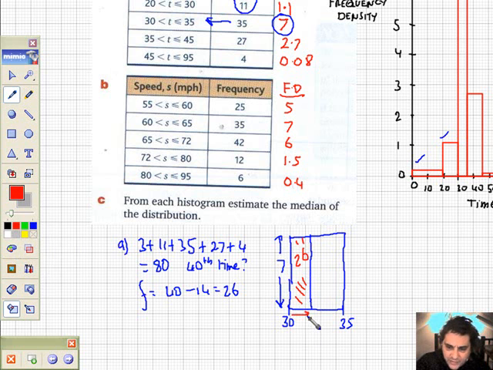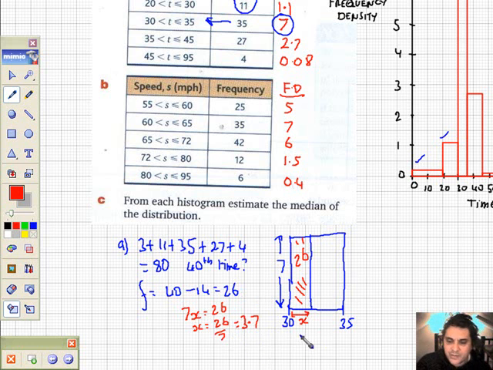So what width, call it x, what width do I multiply the 7 by to get 26? Little equation there. 7 times my width is 26, so my width is going to be 26 over 7. What's that going to be? 26 divided by 7 gives me 3.7.